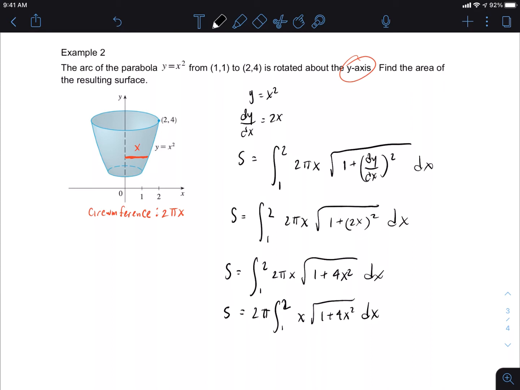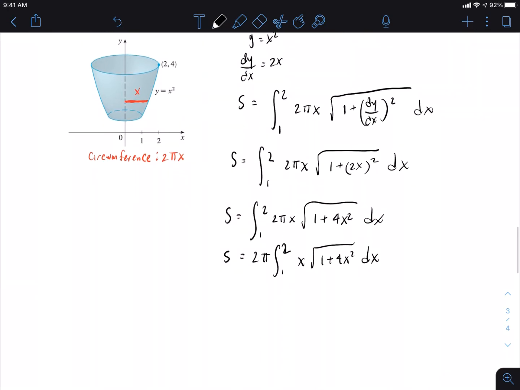Would it be a trig sub, like an a plus x squared? Well, you could do it that way, but then you have a product there, so you'd have a UV. We don't want to do that. Isn't it cleaner to do this one with a U sub? Yes, you're right. So the U sub here would be u is 1 plus 4x squared, so du would be 8x dx. See how that would take care of the x here and the dx?